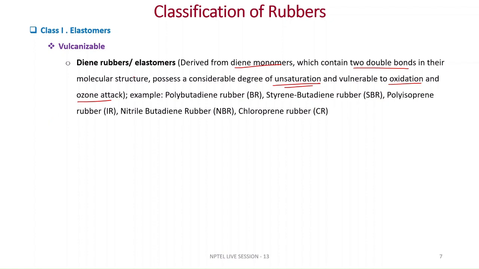Examples of vulcanizable diene rubbers are polybutadiene rubber, styrene butadiene rubber, polyisoprene rubber, that is natural rubber, nitrile butadiene rubber, and chloroprene rubber.